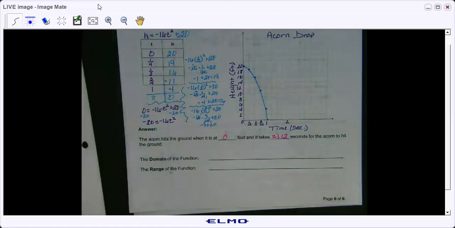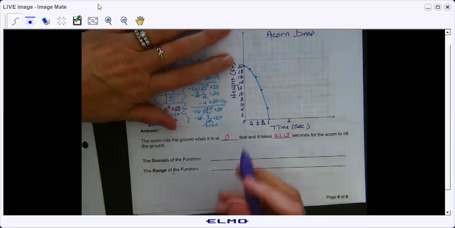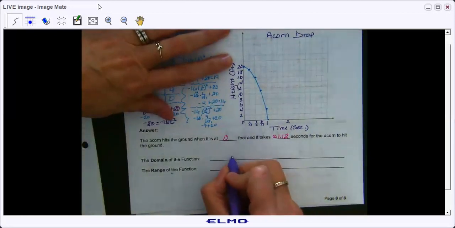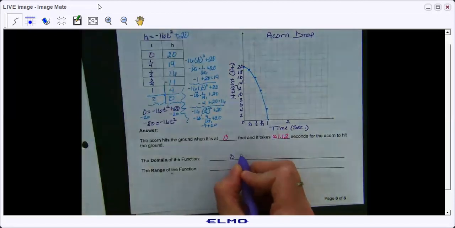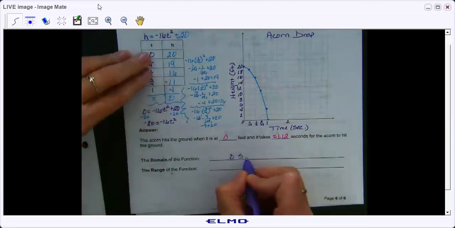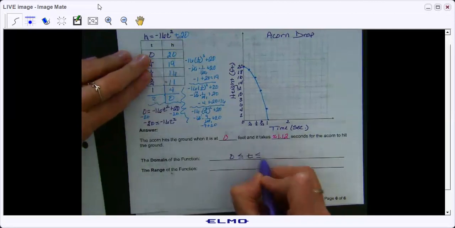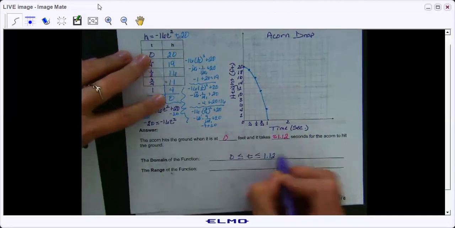Now our domain is all of our x values. So the lowest x value is 0, and that is less than or equal to t, which is x, which is less than or equal to 1.12, because it stops.